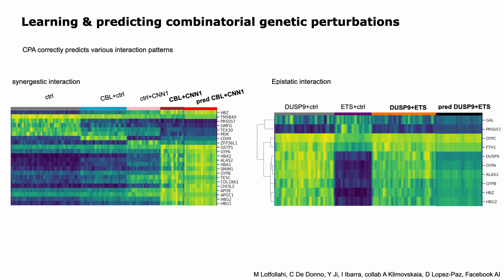Similarly, it can predict epistatic interactions, where one factor completely masks the other factor, and the model picked up that effect while it hasn't seen the specific combination in the training data.